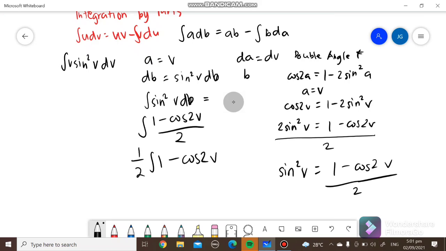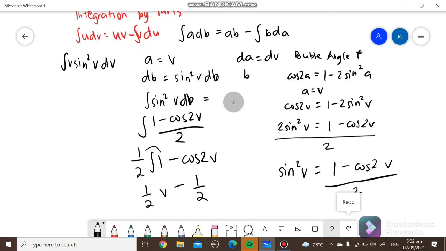The integral of 1 is just v. So we will have 1/2 v minus 1/2, kasi yung 1/2 didistribute dito and then dito. Kaya may 1/2 din yung isa.